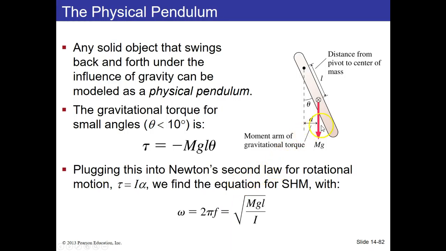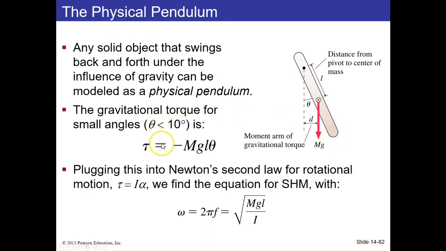And then the last thing here that we can look at is the physical pendulum. So if I have any solid object and it's swinging back and forth under the influence of gravity, we call this a physical pendulum. Remember, with physical pendula, we're looking at the center of mass here, and we're not looking typically at the end of the rod.